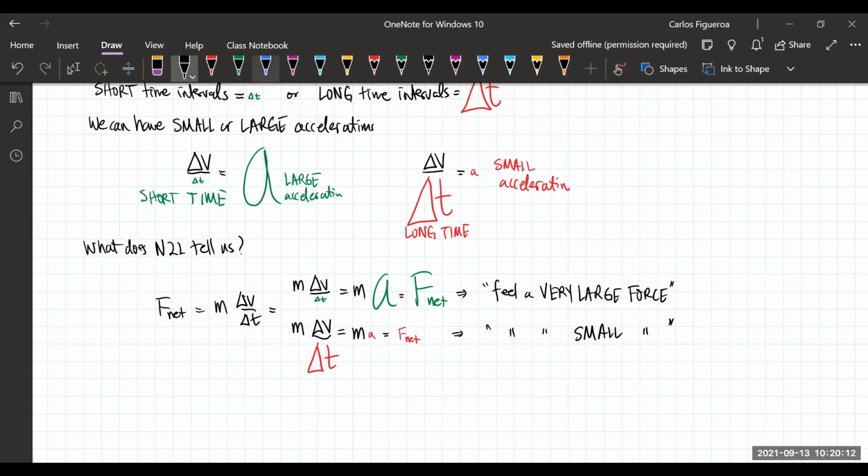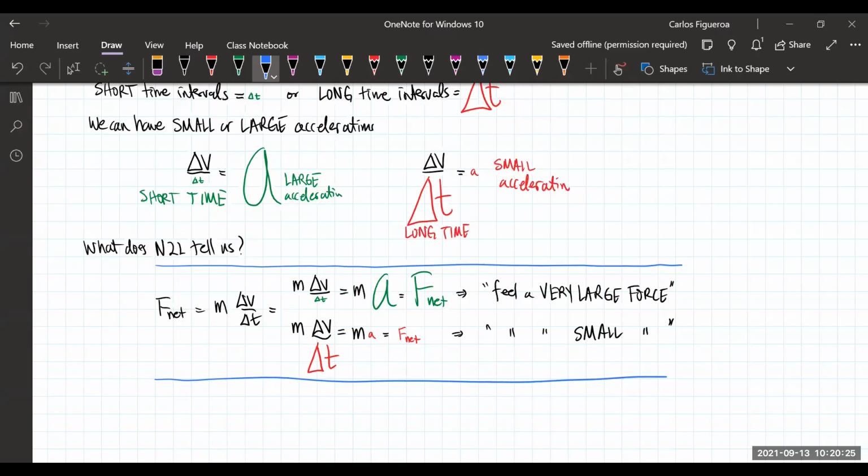So Newton's second law tells us that this must be the case. And that's what we want to do. We want to study these situations.